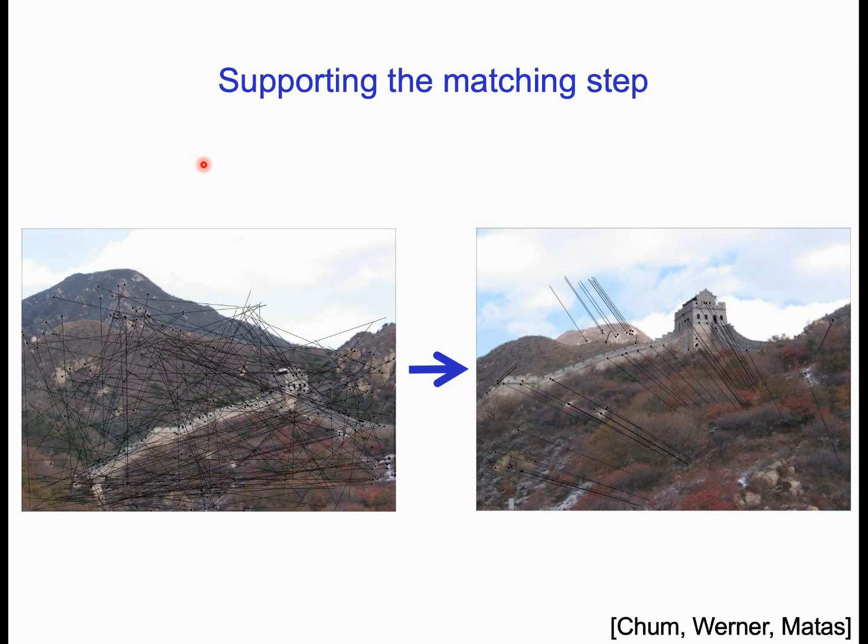So what we need to do is impose some constraints saying that, you know what, I only have to take into account the matches, the correspondences between these two images, that all obey a certain transformation. And only those I should take into account, not all the matches.